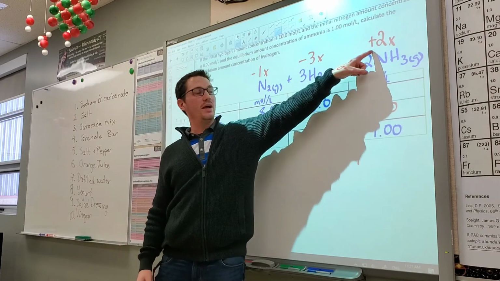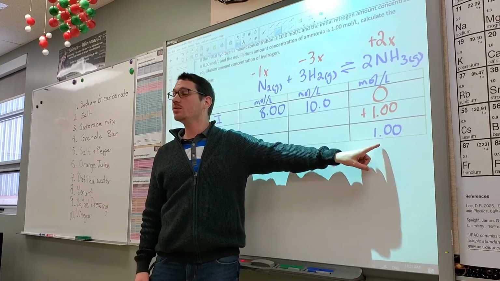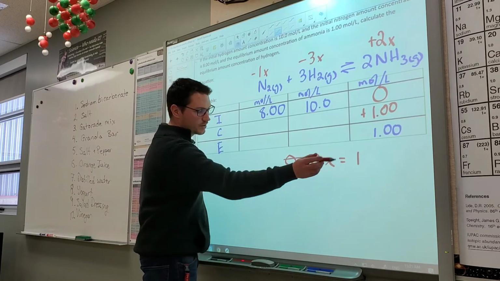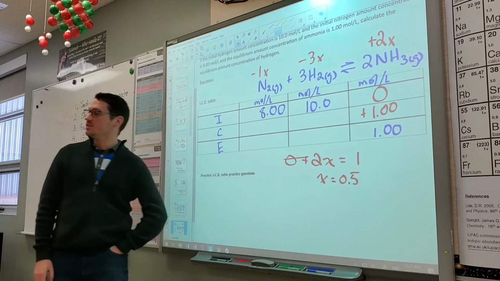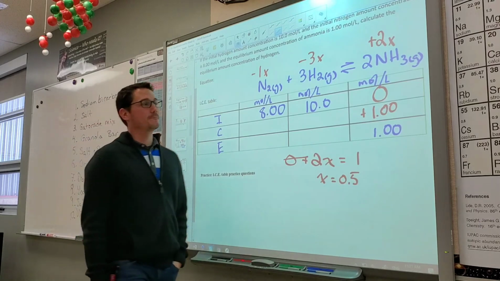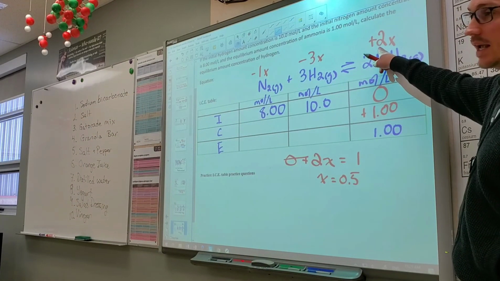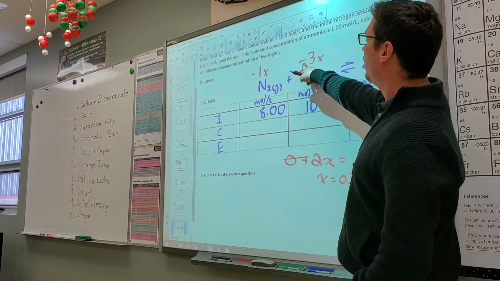0 plus 2x, which is our change, right? We must be gaining 2x here. That's equal to 1. Well, if you rearrange this, divide by 2, our change must be 0.5. And hopefully that makes sense. Yep, our change is 0.5, and we're gaining 2 of them, so that's 1. Here, how much are we losing?